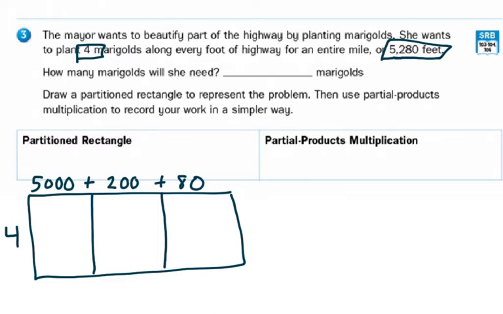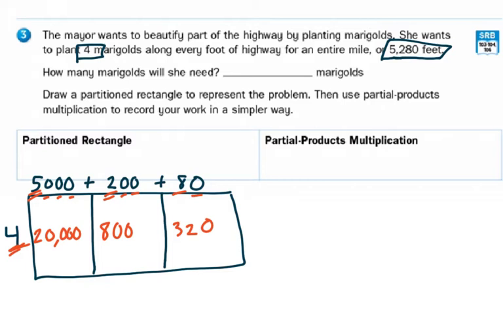This is why we started off the very beginning of the year with place values, so you understood more complex mathematical problems. So here we're just going to go ahead and multiply. 5 times 4 is 20, and 1, 2, 3 zeros behind it. 4 times 2 is 8 with 2 zeros. 4 times 8 is 32 with 1 zero.